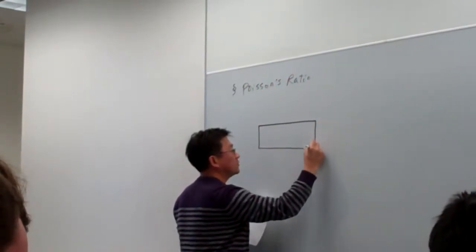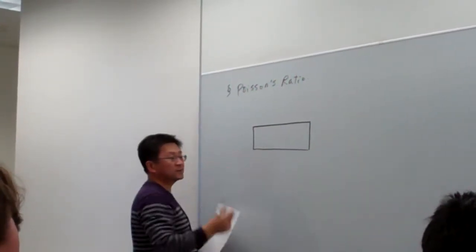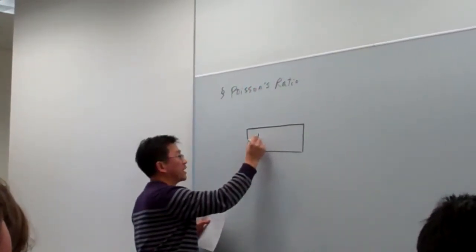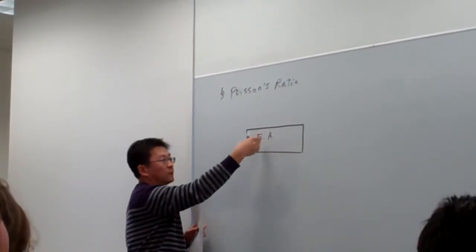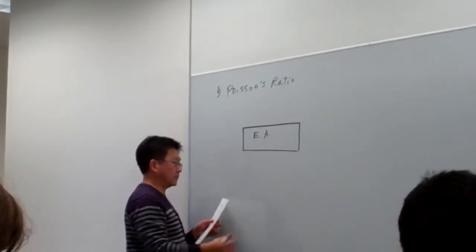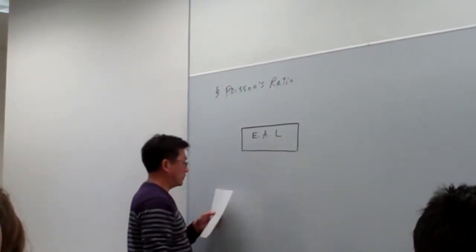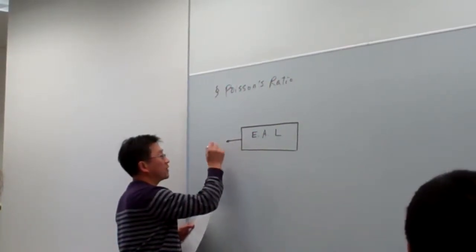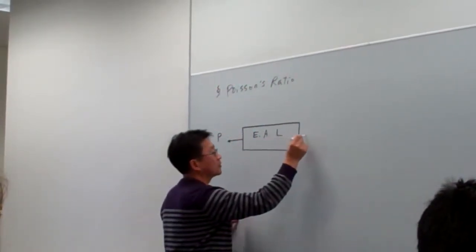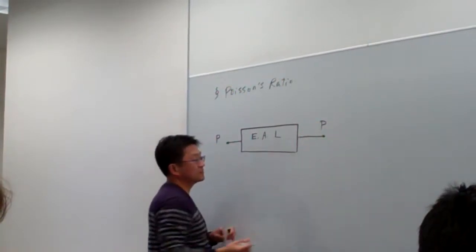If we consider a material model like this, with Young's modulus and, for example, a uniform cross-sectional area everywhere, and it has a length L. Suppose it is under a point loading like this.